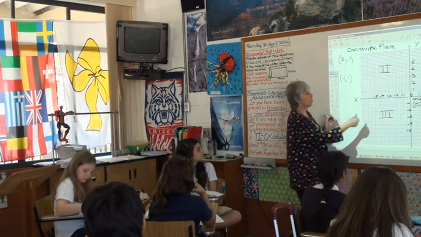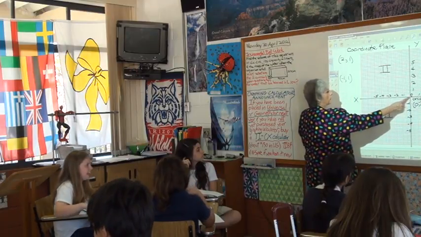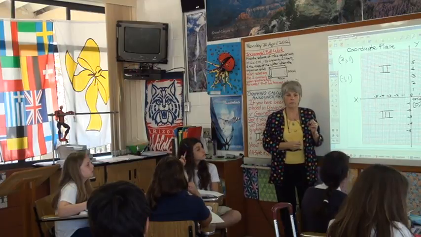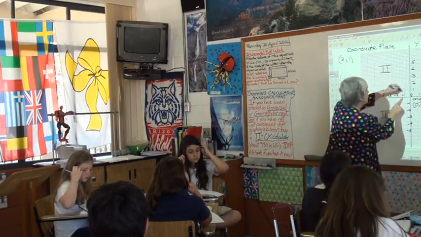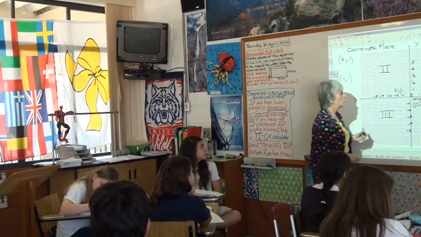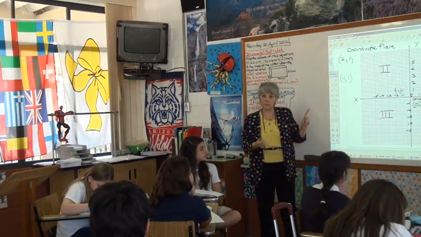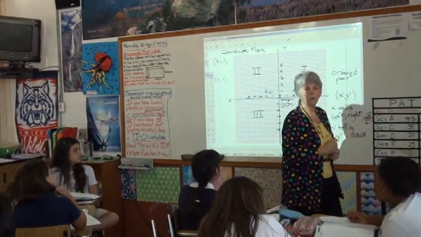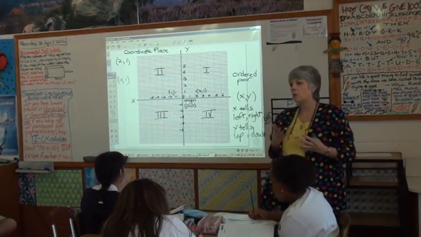Very good. So I would graph that by going back 1, and then what do I do for my y? Up 1, right. Back 1, up 1. So it would be right here, negative 1, 1. Does that make sense? Okay, so Arthur, what about quadrant 4? What would our points look like?